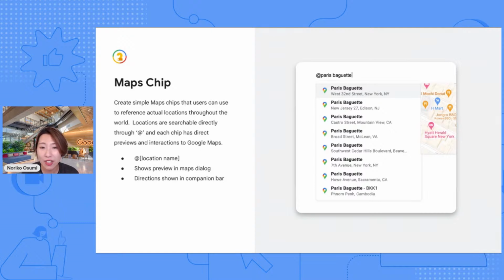Not only do I have the events, but I also have the location of these events accessible directly within the doc. If a user needs directions to where they need to go, for a company dinner for example, they can just click on the link, which takes you directly into Google Maps where you can see quick directions on how to get there. So it's a really easy, fun and powerful direct integration.